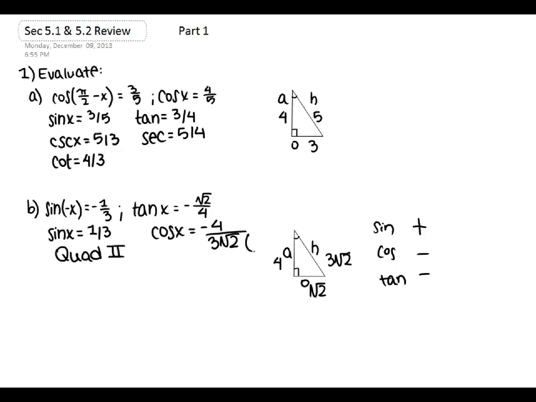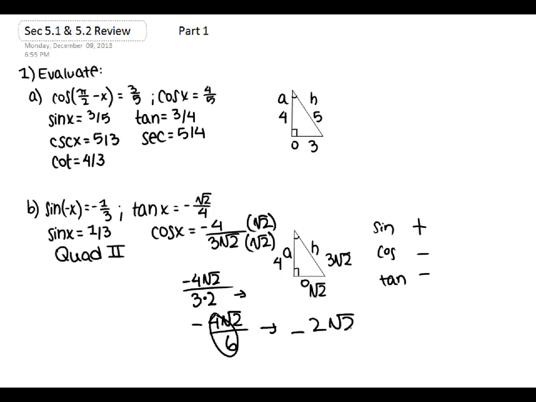So root 2, root 2. So we're going to have 4 root 2 over, negative, okay, 3 times 2, which is the same as negative 4 root 2 over 6, and this we know is 2/3. So 2 root 2 over 3. Okay? Yeah, so that's our cosine.